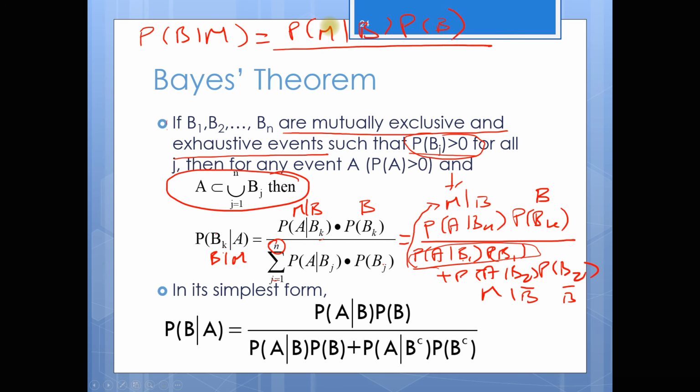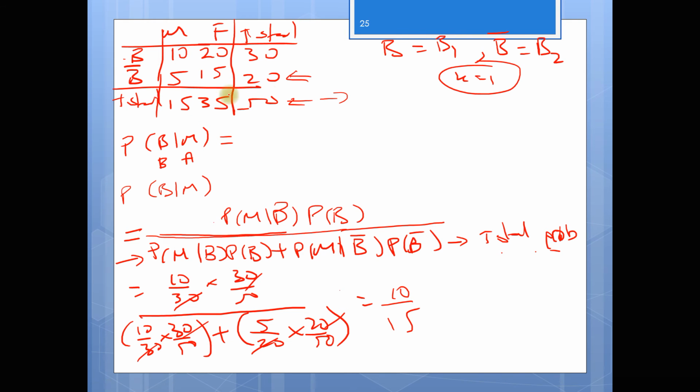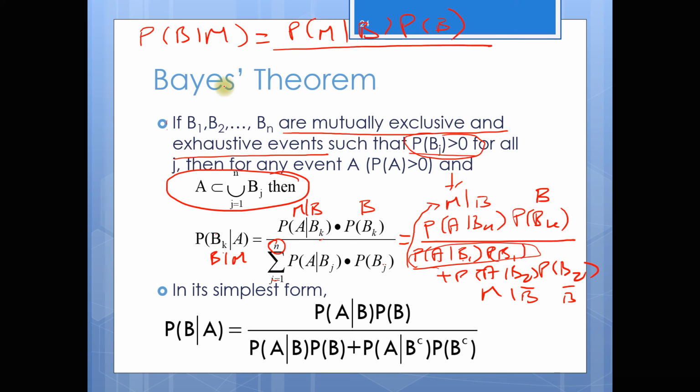Based on this example, I said b1 is b, so I don't need to write down b1 here. I'm just going to write down b. So probability of m given b times the probability of b, plus probability of m given b2 times probability of b2, because we have only 2. What is b2? b2 is b dash. So I don't need to write down b2, I just write down b dash. So m given b dash times the probability of b dash.